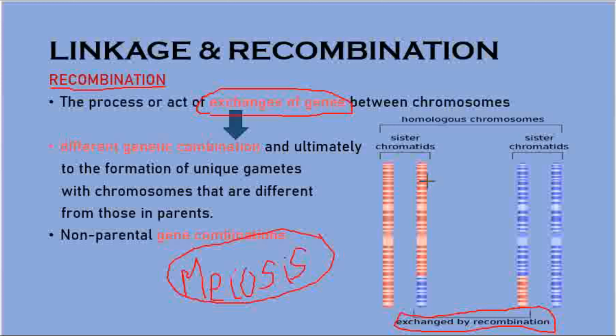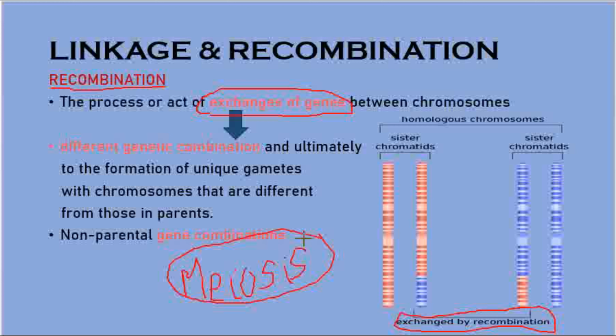So again, the different genetic combination leads to the formation of unique gametes with chromosomes that are different from those in the parents. From the gametes the offspring will be formed after fertilization.